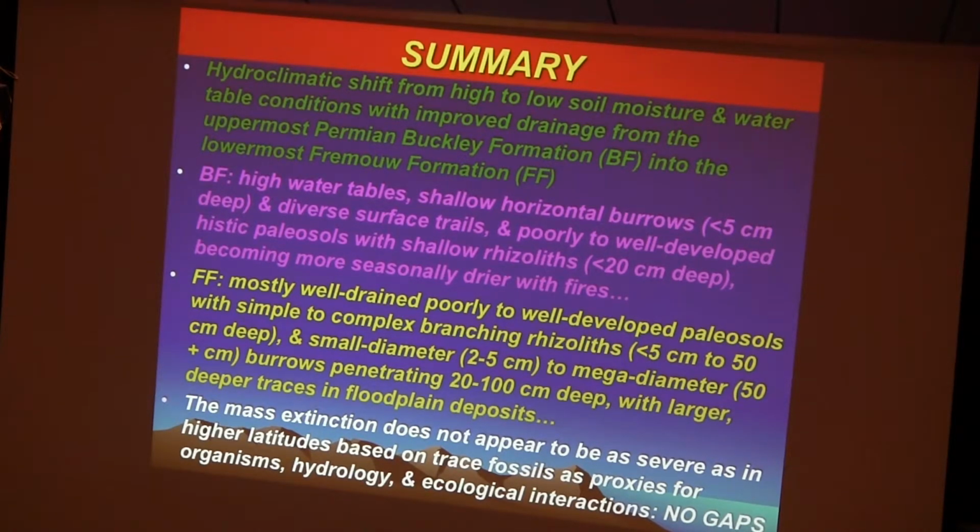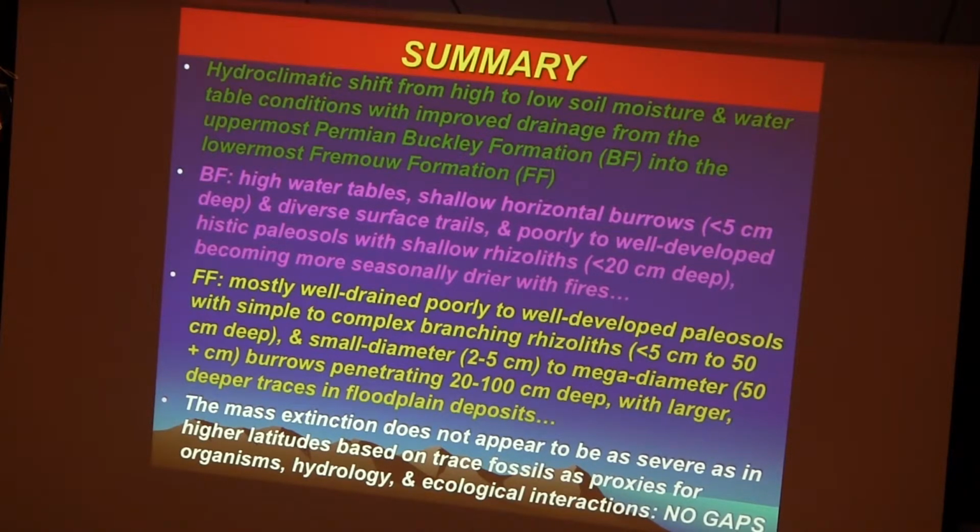It went from high to low soil moisture and water table conditions, improved the drainage. So it changes what's preserved, so it's a preservational bias. The Buckley: high water tables, shallow horizontal roots, diverse surface trails, poorly to well-developed histic paleosols, it's basically coals, peats that become coals, shallow roots, seasonal fires.